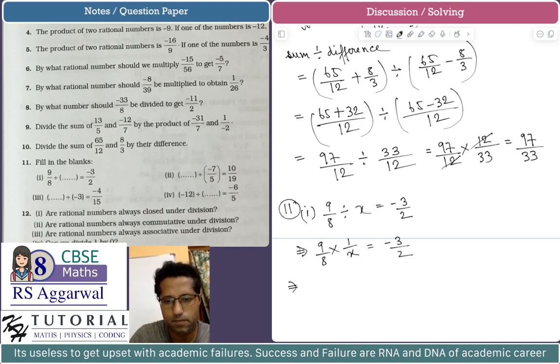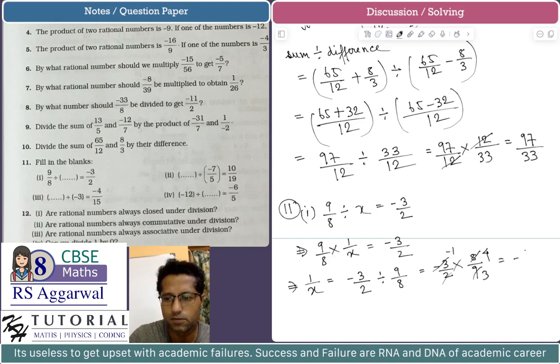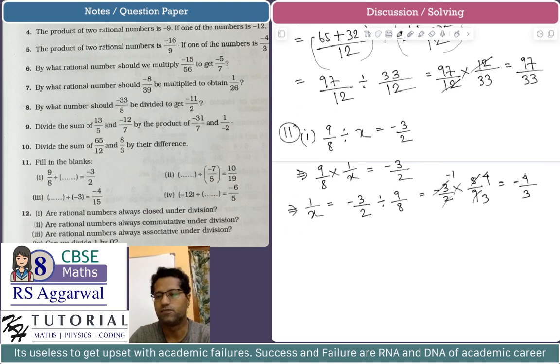This implies 1 by x is equal to minus 3 by 2 divided by 9 by 8. This is equal to minus 3 by 2 multiplied by 8 by 9. If you do cancellation, you will see the result is minus 4 by 3. Now 1 by x is equal to minus 4 by 3.